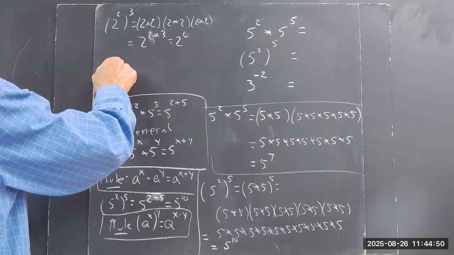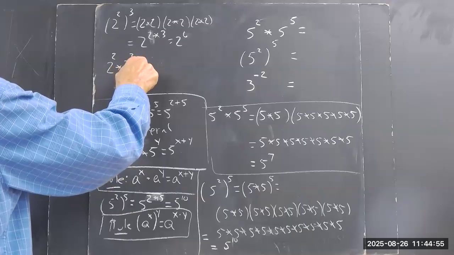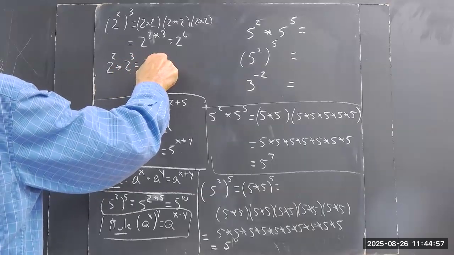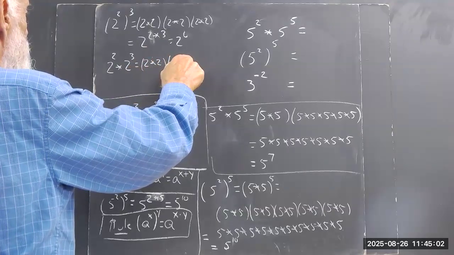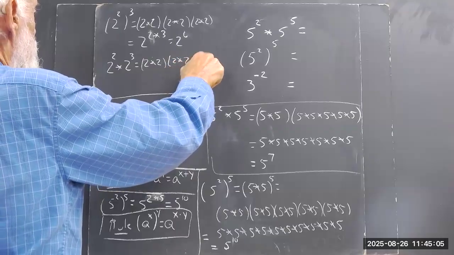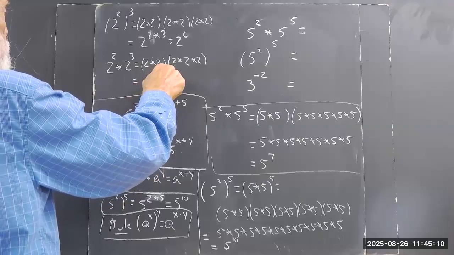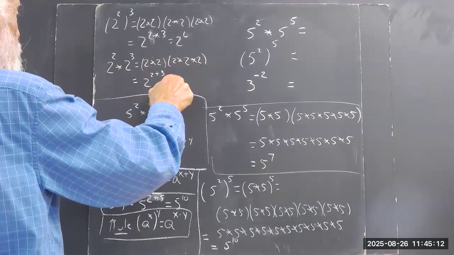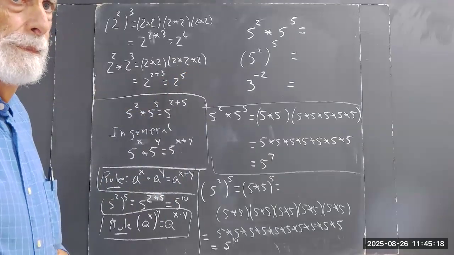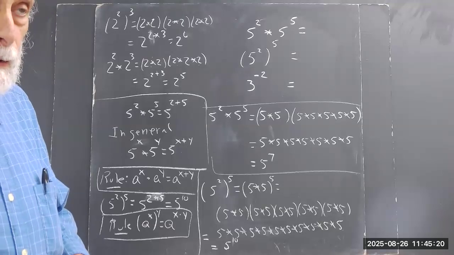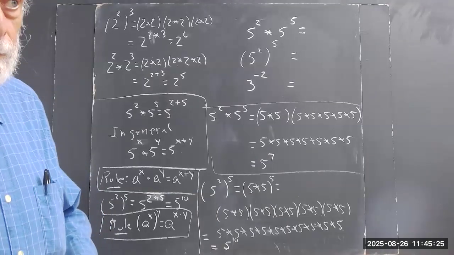And in contrast, 2 to the 2nd times 2 to the 3rd is 2 times 2, times 2 times 2 times 2, which is 2 to the 2 plus 3, 2 to the 5th. It's obvious if you write this out why you have to add them. Make sure you're completely good with these rules.